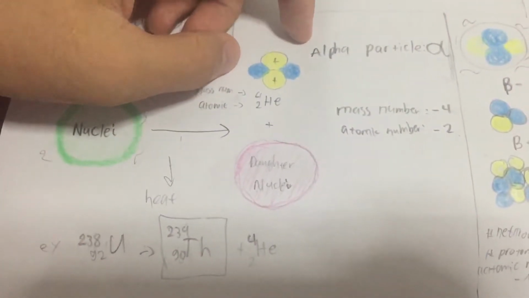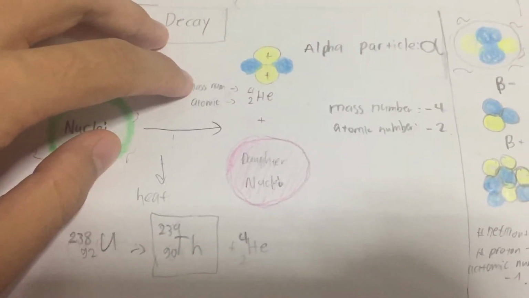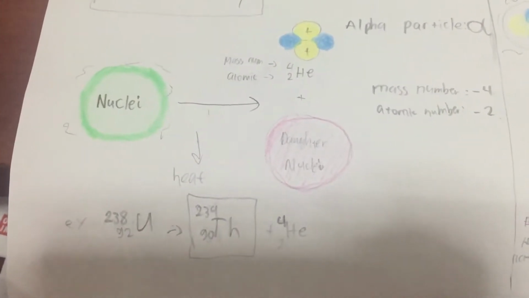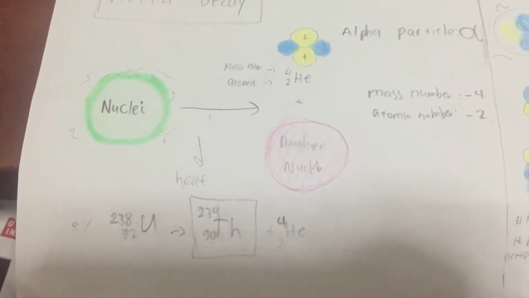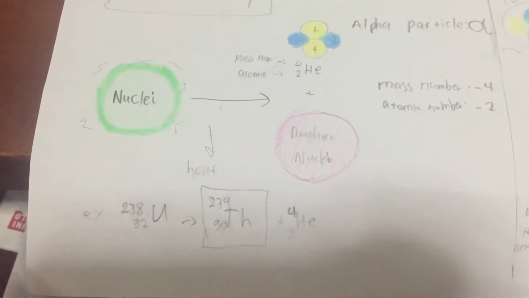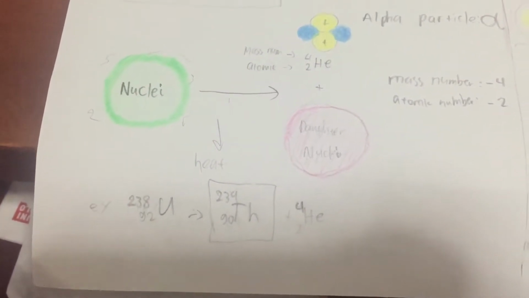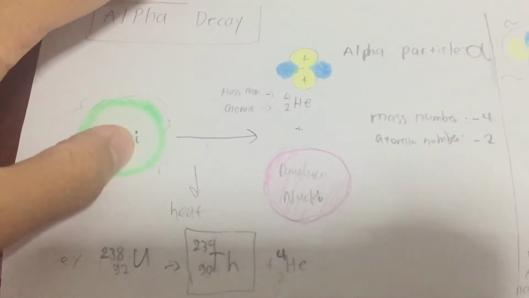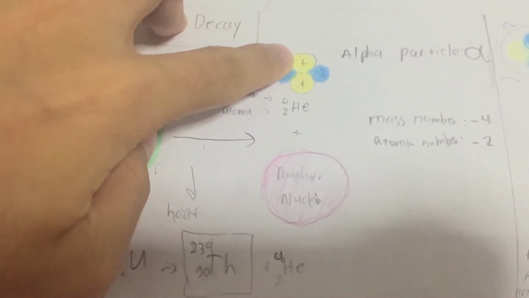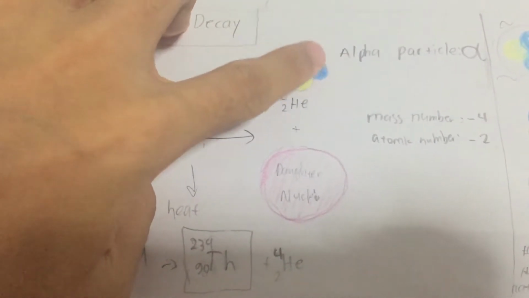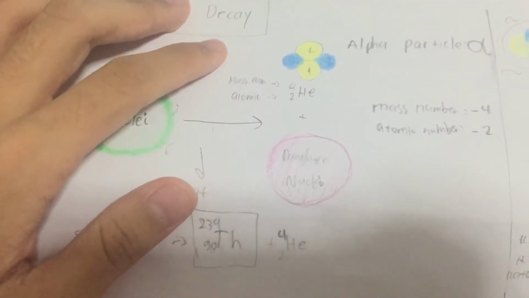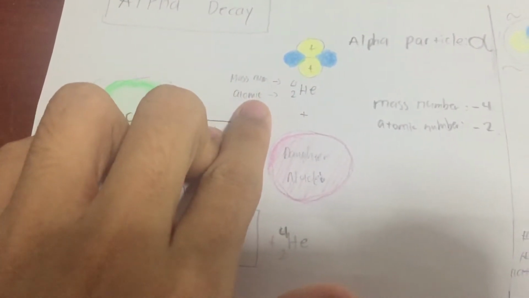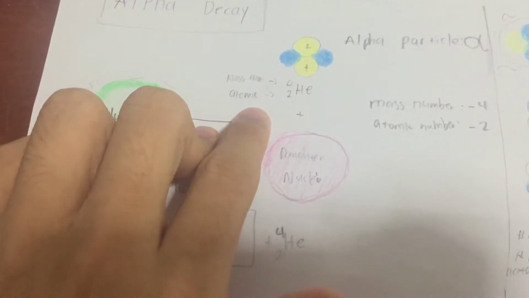Because the alpha particle is a helium, the nucleus will lose 2 neutrons, 2 protons, 4 in mass number, and 2 in atomic number.